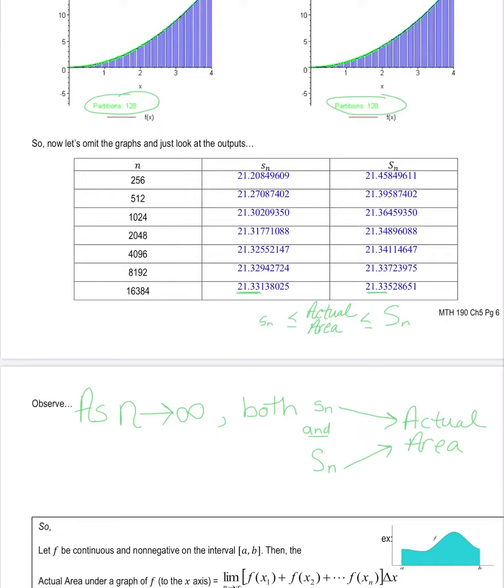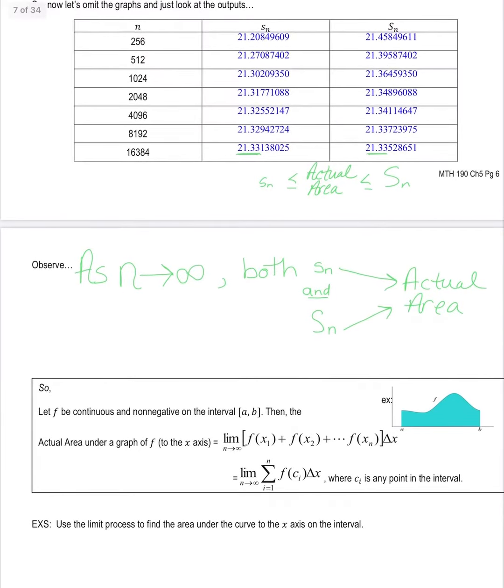So as you look down below in this boxed result, if I'm looking at the area under the curve, a continuous function from a to b, and I now let the limit as n goes to infinity, what we see on the right-hand side is what we always looked at before.